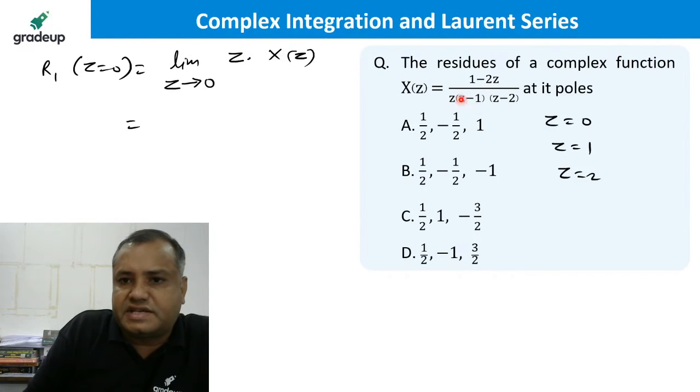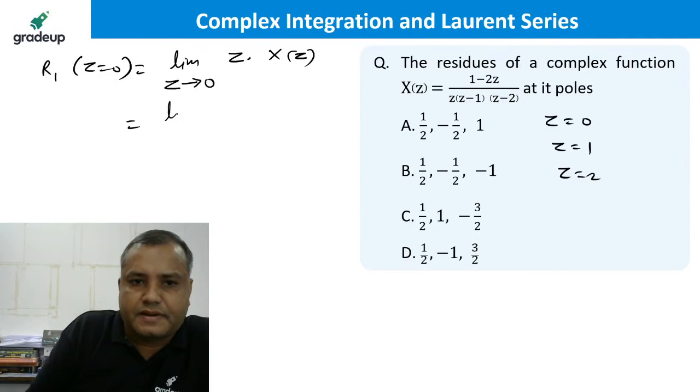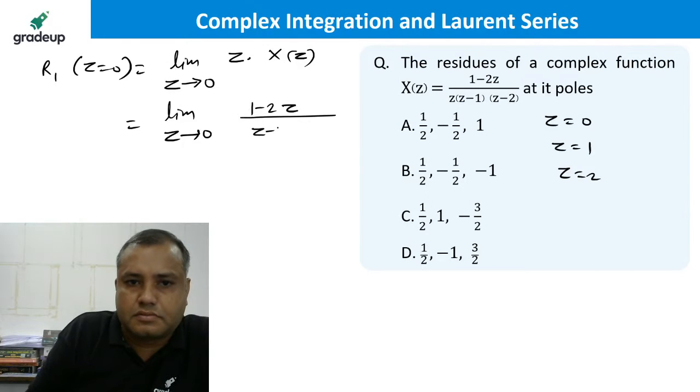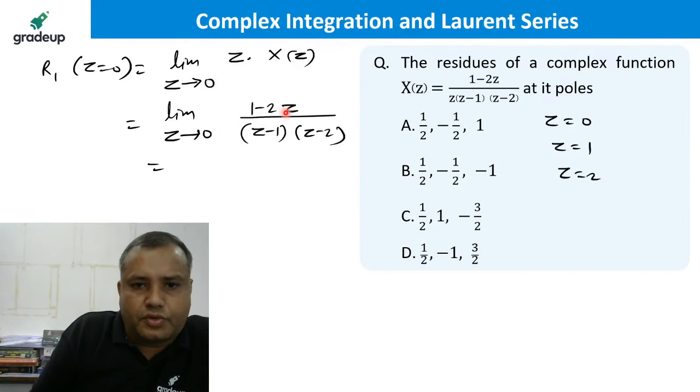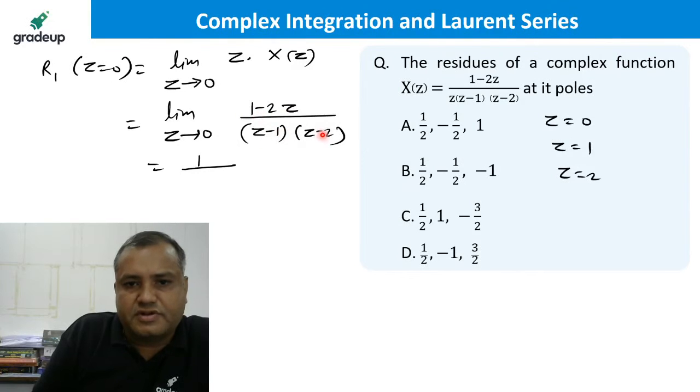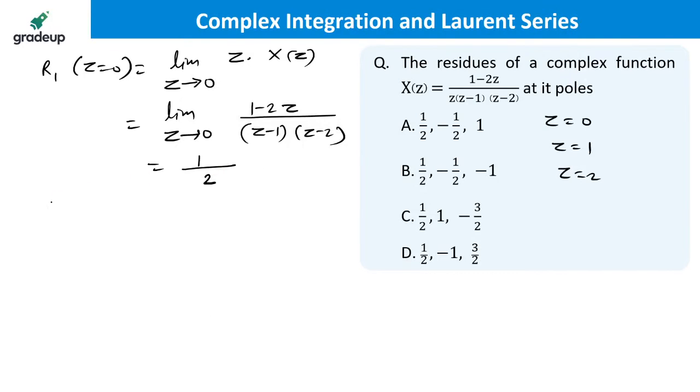So this z and this z get cancelled. So 1 minus 2z upon the remaining, z minus 1 into z minus 2. Put z as 0: 1 upon minus 1 into minus 2, which is 2. So 1 by 2 is the first residue.